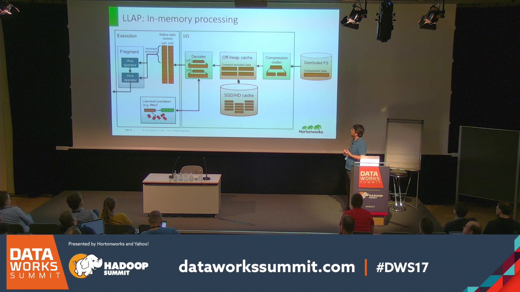Now, the cache we talked a little bit about already. You want to have the cache off heap. You don't want to have GC pauses triggered because you're evicting a lot of data in the cache. So the cache is off heap. You can have it on SSD, and you can have it on hard disk as well, which might be useful, again, in cloud scenarios.